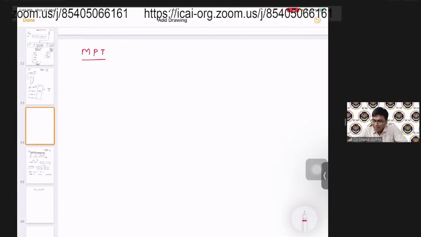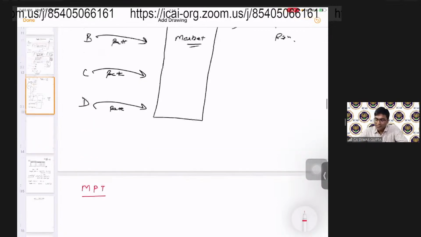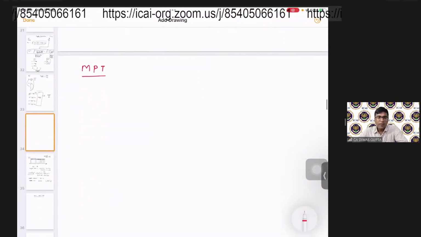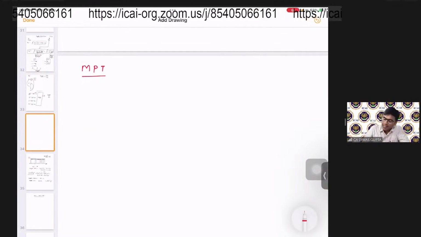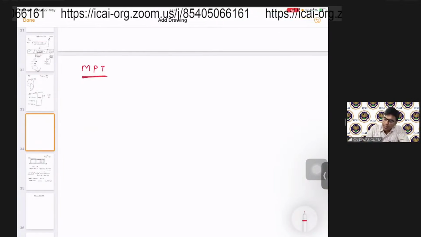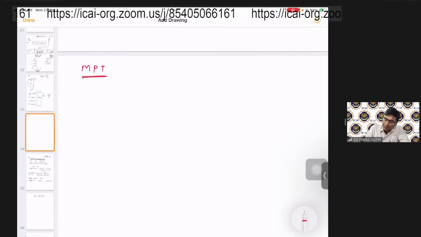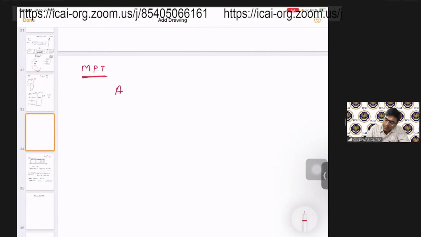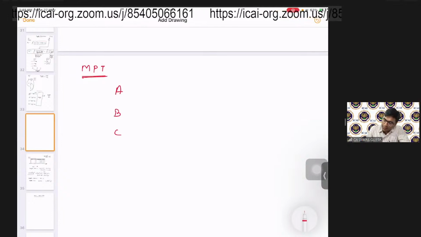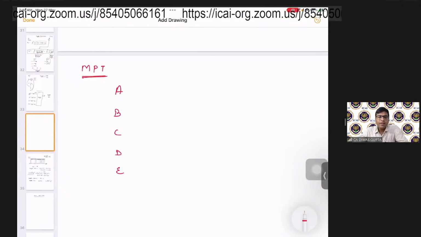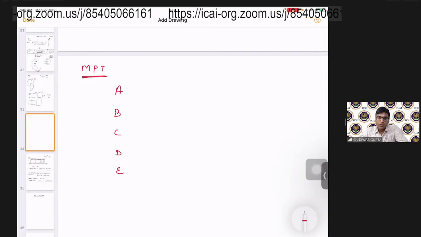So, students, we were discussing the differences between the Markowitz portfolio theory and the Sharpe index model. As I said, in Markowitz portfolio theory, let's assume there are A, B, C, D, and E, the 5 different securities in the portfolio.